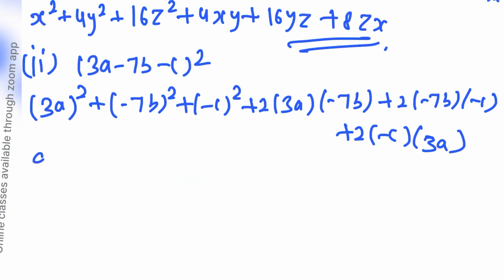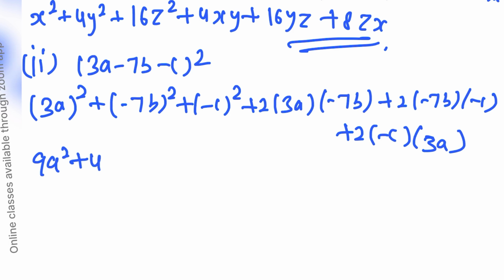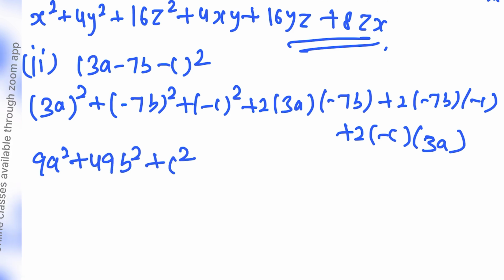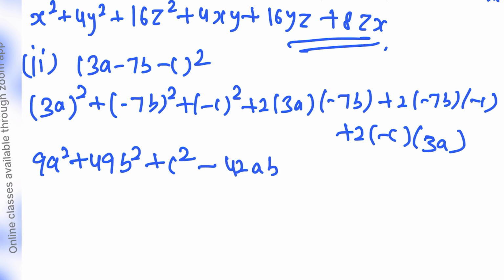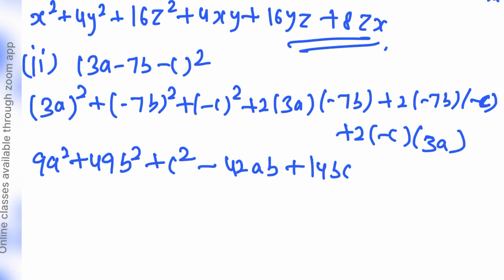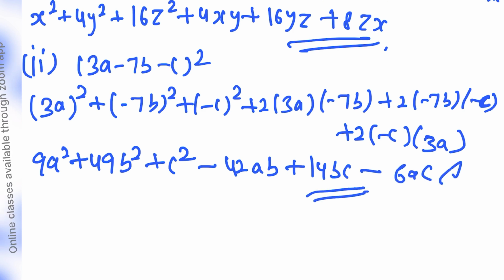So 9a square + 49b square + c square, as negative square is positive. Now -42ab, because 2 into 3 is 6, 6 times 7 is 42. Now 7 times 2 is 14, plus 14bc and minus 6ac. This is the expansion of this given question.